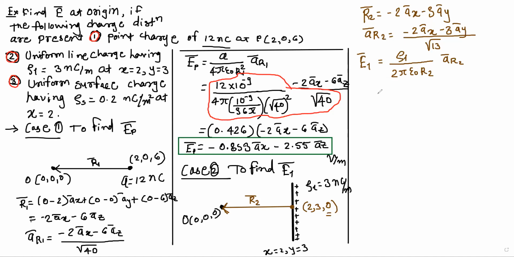Right? So what values can you put here? The value of rho L is known. It is 3 into 10 raised to minus 9 divided by 2 pi. Just a minute.